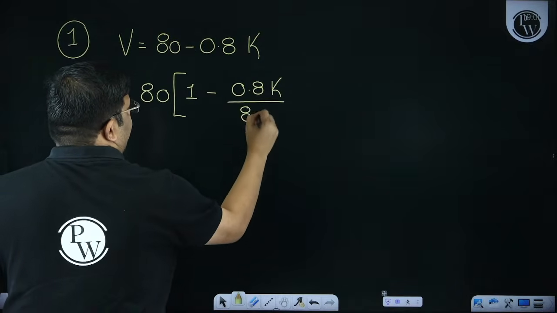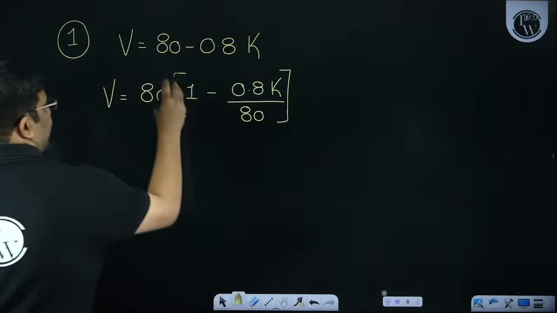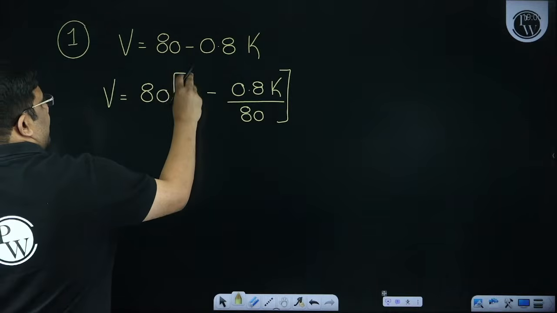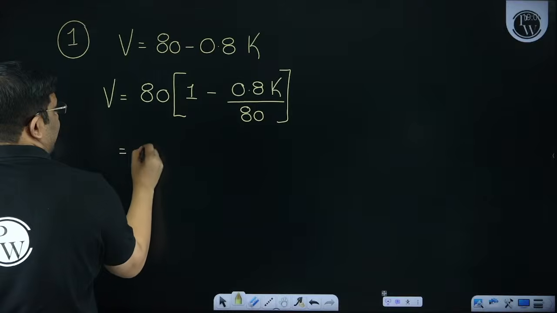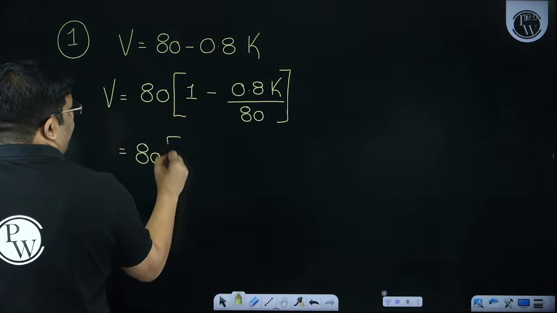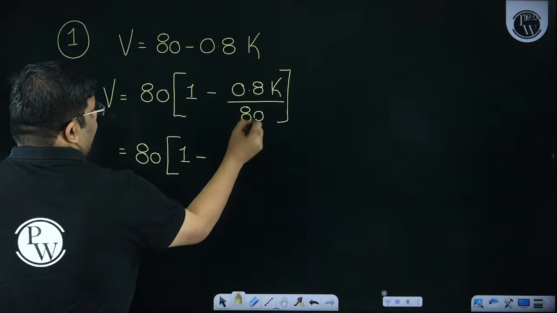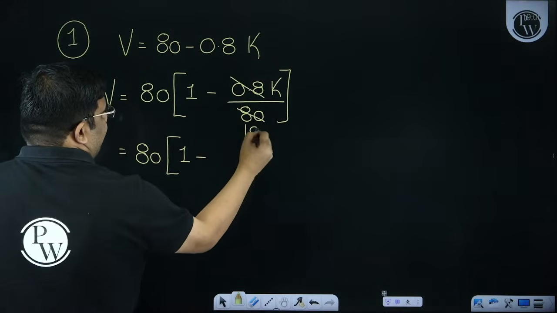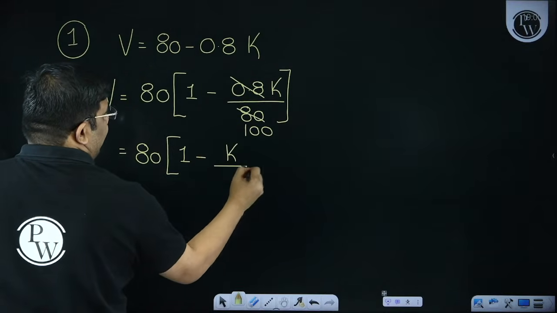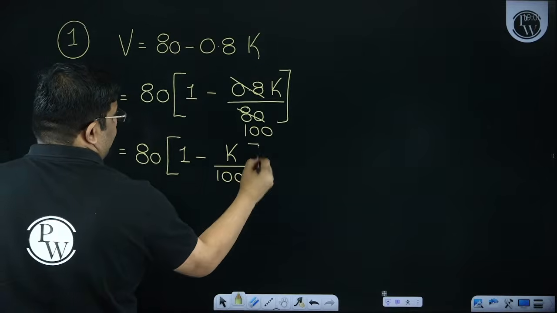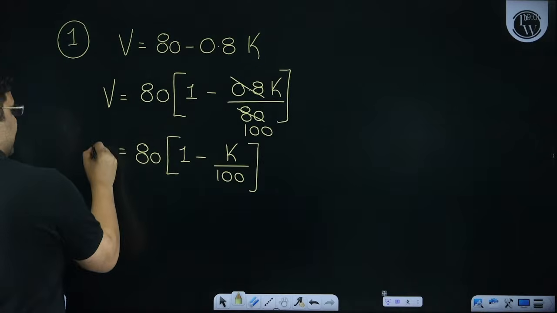I have taken 80 common, so I have to divide here by 80. When I divide by 80, 0.8 by 80 becomes K by 100. So this equation changes form to this form.